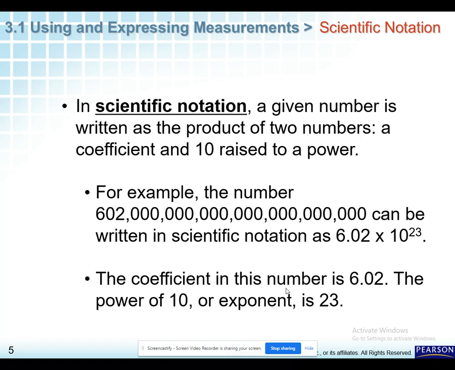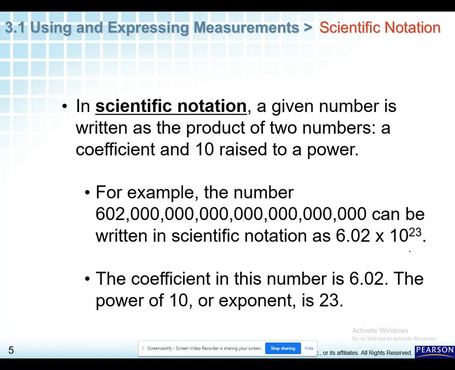So what exactly is scientific notation? I've been saying this word, but for many of you, you might be like, what? So scientific notation is a given number, and it's written as the product of 2 numbers, a coefficient and 10 raised to a power. So for example, that very, very, very big number that we had, if I were to write in scientific notation, it would be 1.6 times 10 to the 23rd.